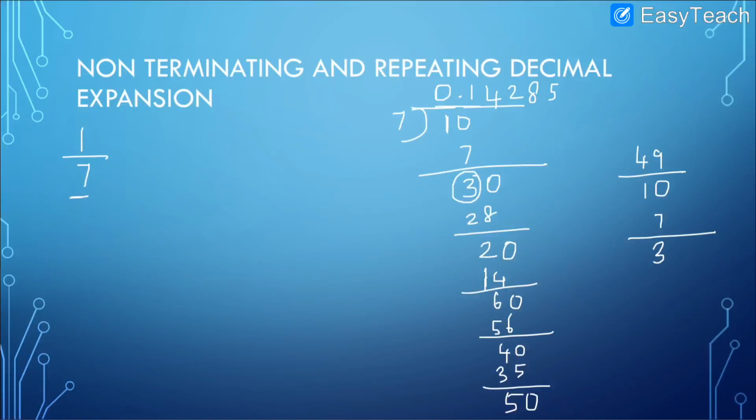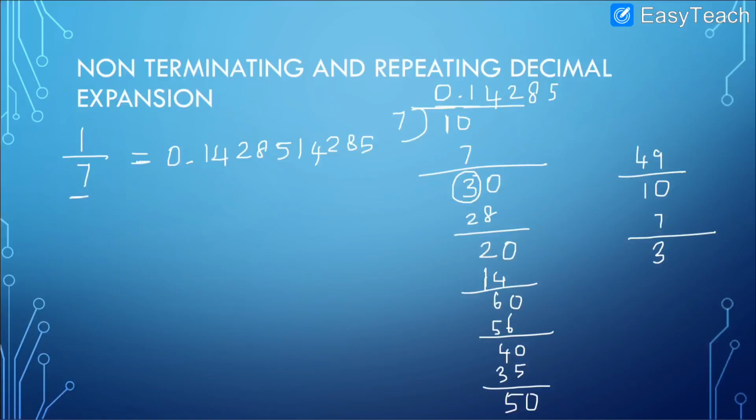So it will repeat again and again. The number on the top will repeat like this: 1 4 2 8 5 7, again 1 4 2 8 5 7. The decimal value of this is not terminating, it is repeating.